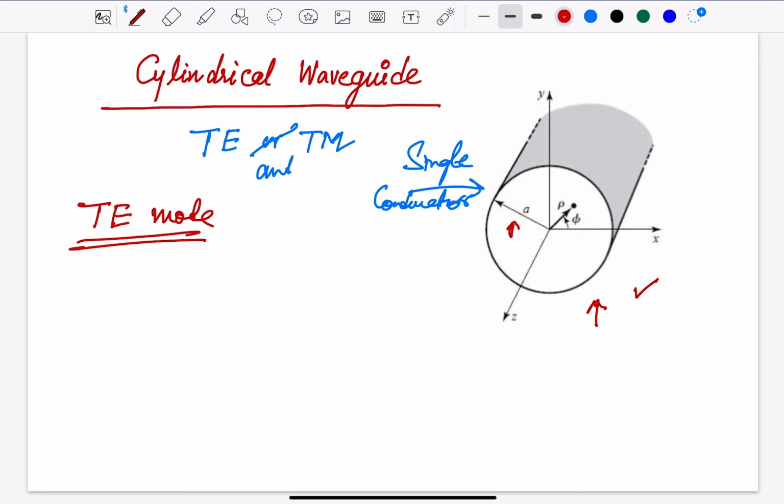The very first thing is the longitudinal field component, which is Hz here, because the Ez component will be 0 for the TE mode.